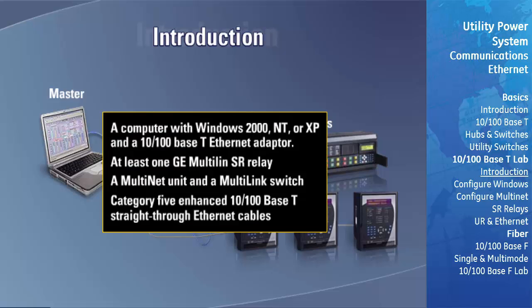The equipment required for this lab will include a computer with Windows 2000, NT, or XP, and a 10/100 Base-T Ethernet adapter. We will also need at least one GE Multilin SR relay, a Multinet unit and a MultiLink switch, and Category 5 enhanced 10/100 Base-T straight-through Ethernet cables.